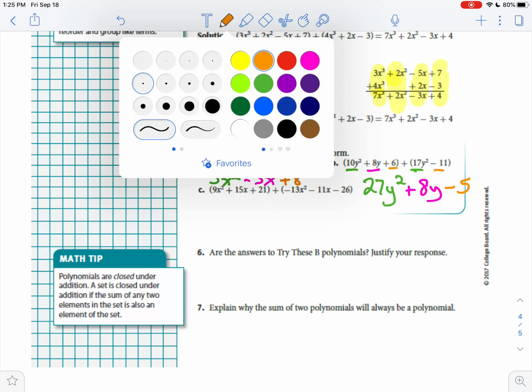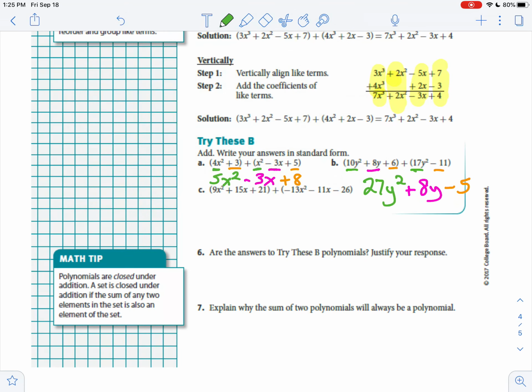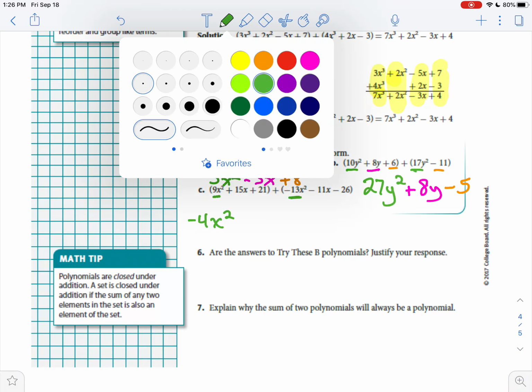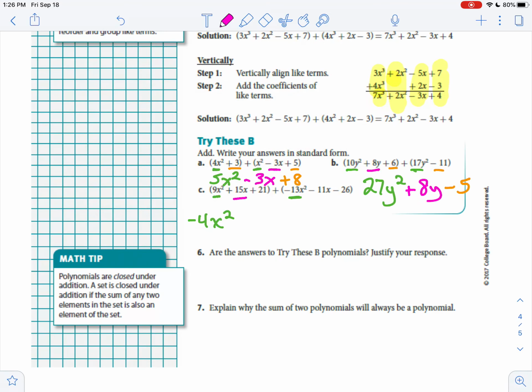Okay. And let's do part C just for good measure. Let's start with the x squared term. So we have 9x squared and minus 13x squared. We're going to get negative 4x squared. And then I'll go to my x to the first, which is 15x to the first, plus a negative 11x to the first, and that is going to make a positive 4x.